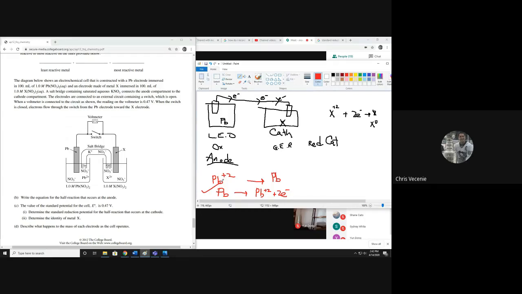Okay, so they tell us in C that the value of the standard potential overall is 0.47. And they want to know what's the reduction potential of the substance for the X, right? So you already know part of what you need.